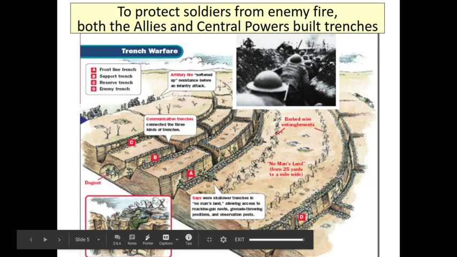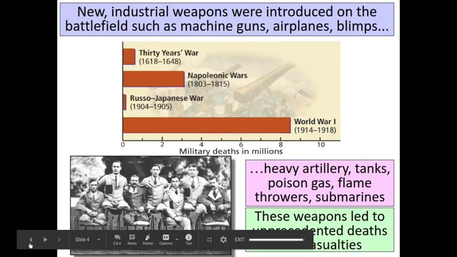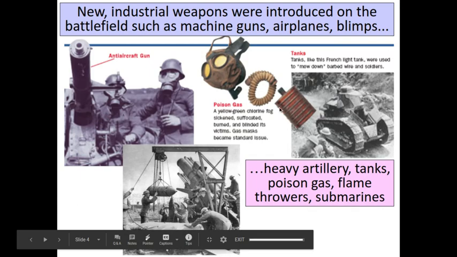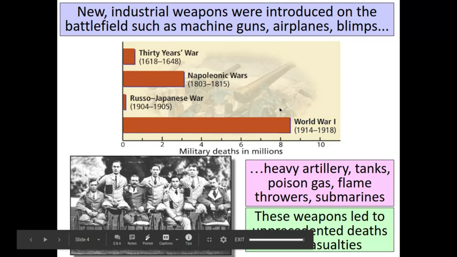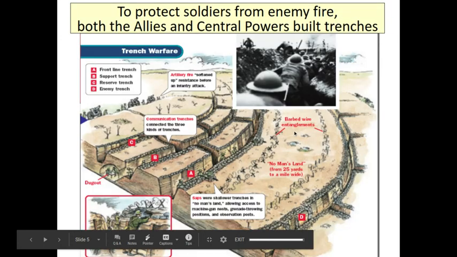Talks about new weaponry, right? Talked about the huge death toll. The 30 Years' War, the Napoleonic Wars, and the Russo-Japanese Wars, if you added them all together, there would be fewer deaths than World War One.